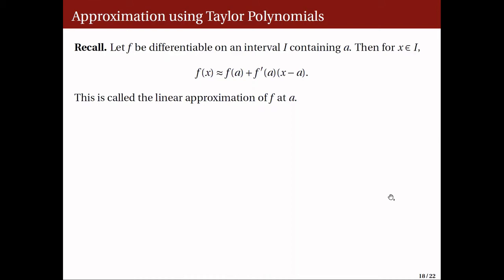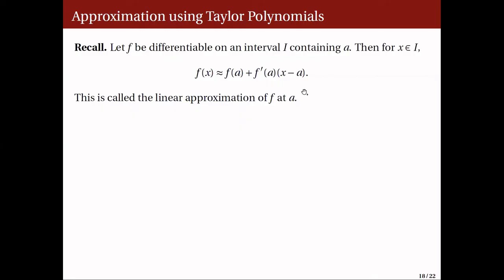Note that the expression on the right-hand side is the equation of a line that is tangent to the graph of f of x at the point a. So this expression is called the linear approximation of f at a. So here we are approximating the function f of x by some linear function as follows.